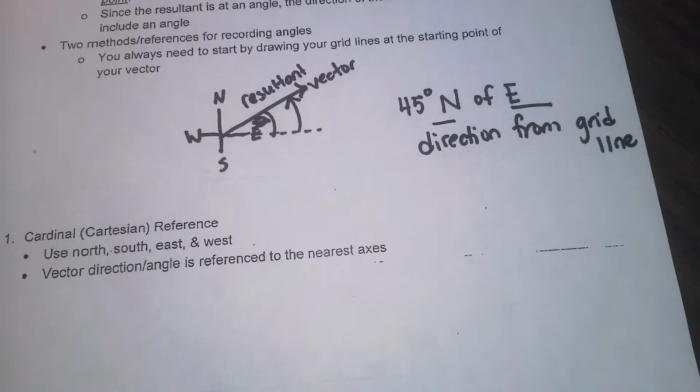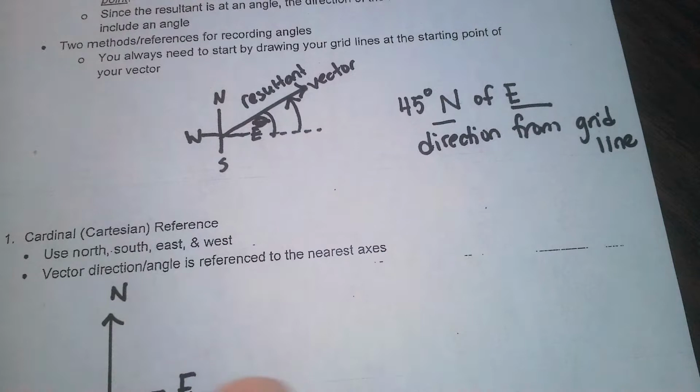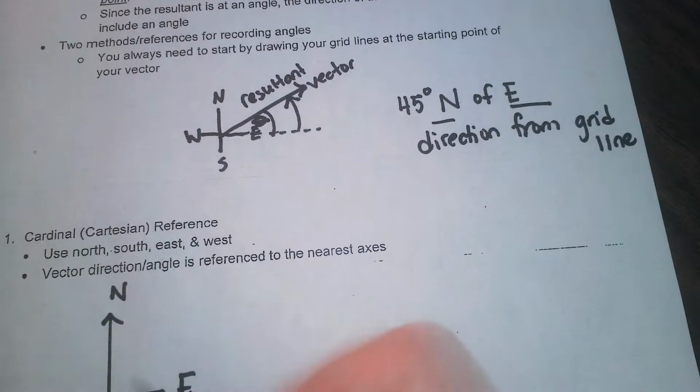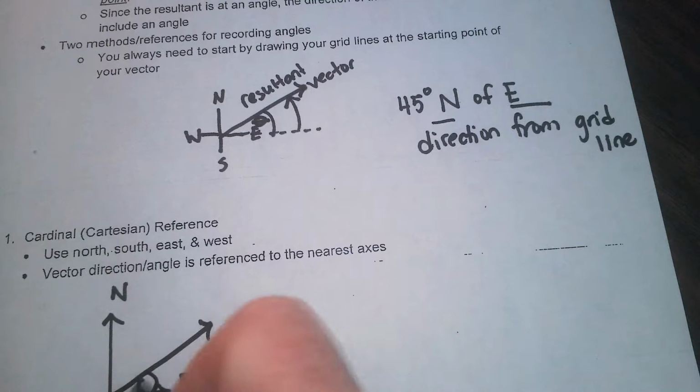If we look at a Cartesian plane, this is going that way, and I was to tell you that this angle was 36 degrees, we can say that this is 36 degrees.